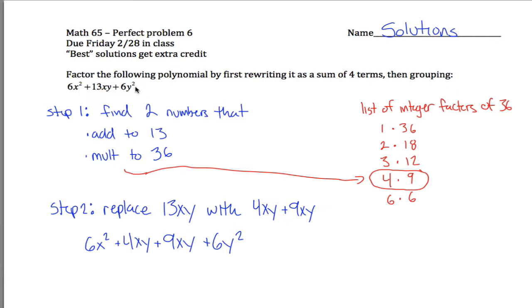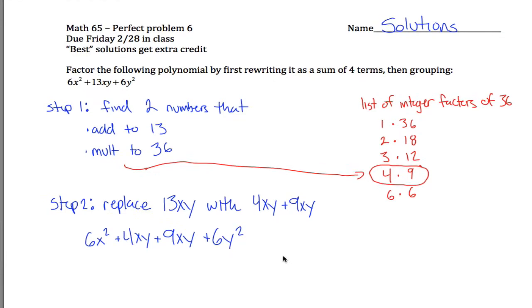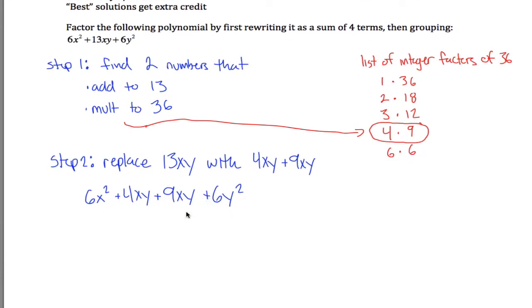I haven't factored this polynomial, but now instead of being a sum of 3 terms, it's a sum of 4 terms. And by choosing these 4 terms in the manner that I did above, I'm guaranteed that this thing will factor by grouping. That's exactly what step 3 is. It's factor by grouping.